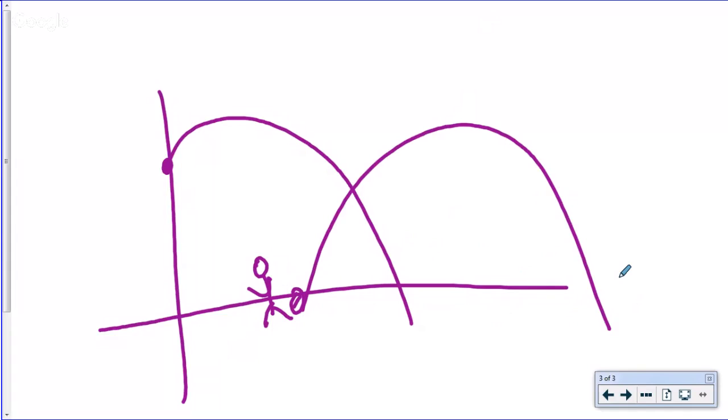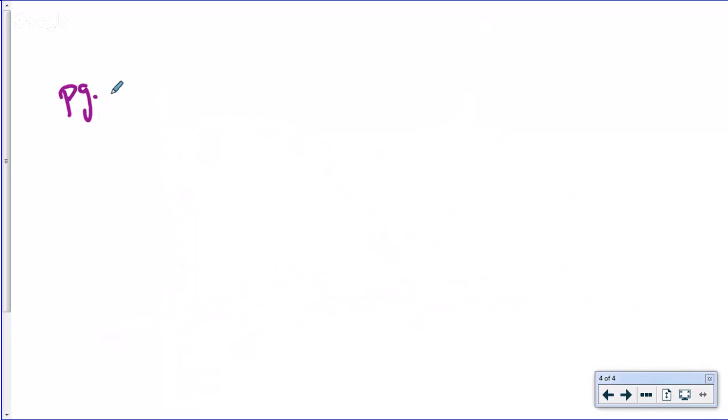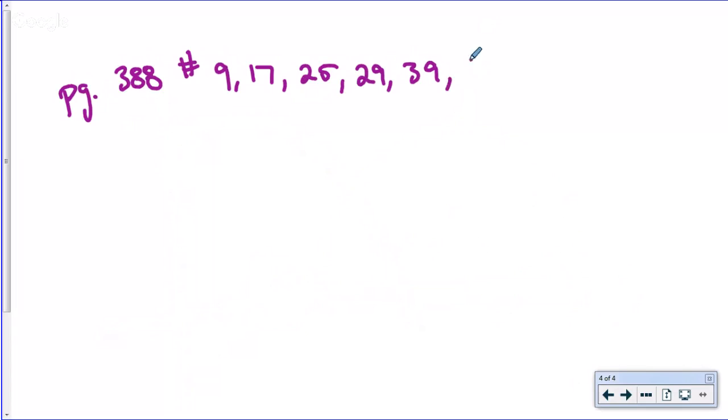We have some suggested problems. It looks like it starts on page 388. Numbers 9, 17, 25, 29, 39, 43, 51, 55, 65, 67, 69.